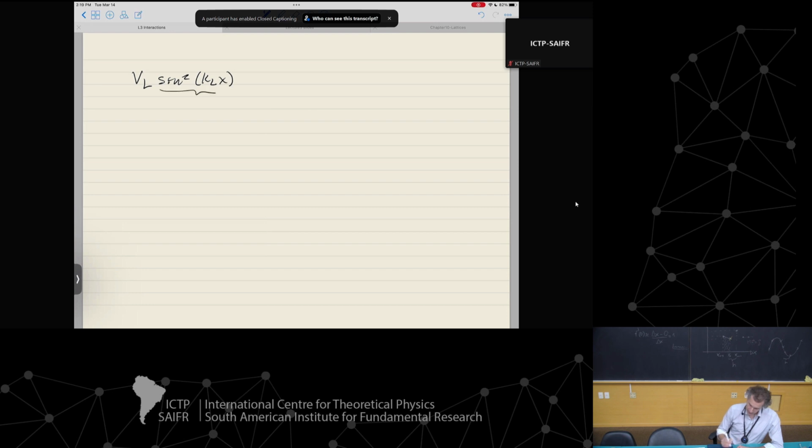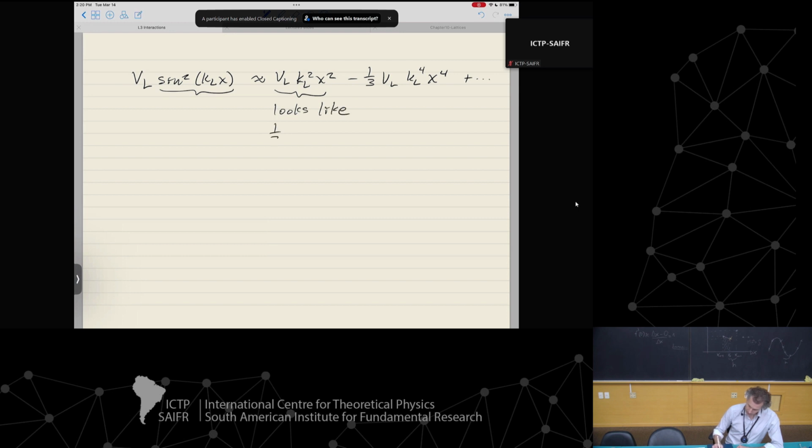And a sine is something I can expand, so this looks something like V_L times k_L squared x squared plus, if I know my Taylor expansion, minus 1/3 V_L, and the next order is k_L to the 4th, x to the 4th, plus, etc. Okay, so this here is a quadratic confining potential. And so this looks like a harmonic oscillator.